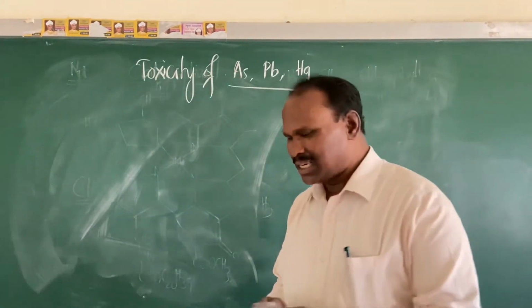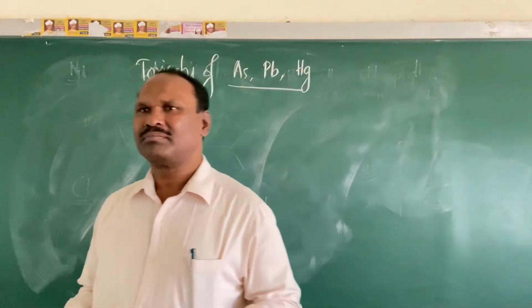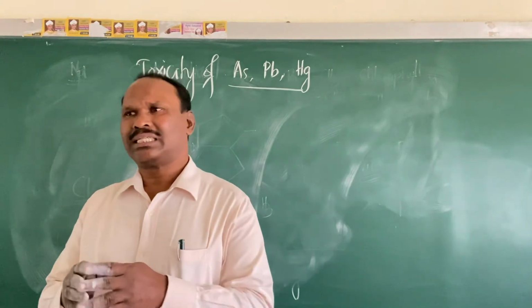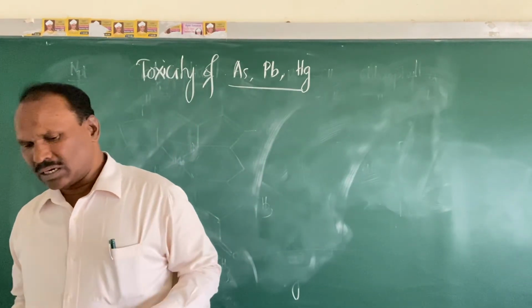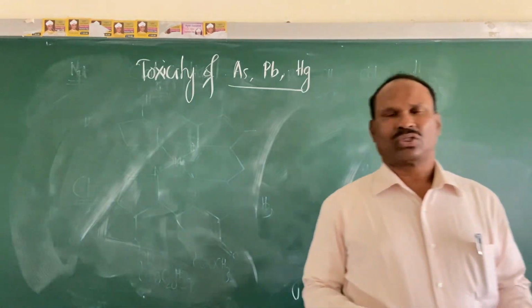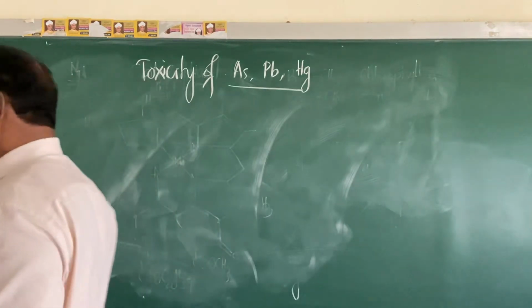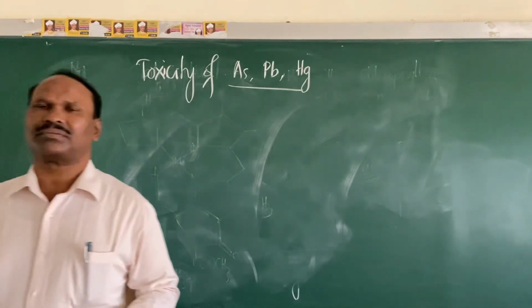You know, arsenic is present in the water that we drink daily, and it is present in large quantity in bore water. So if you are drinking bore water, you must be aware of the arsenic consequences.